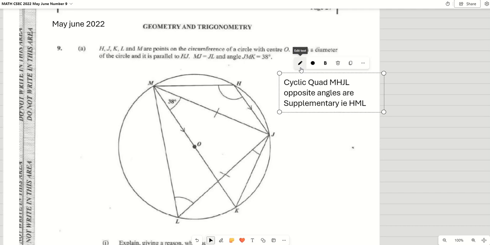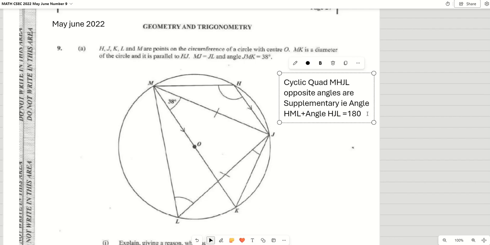So angle HML, that is this angle here, plus angle HJL is equal to 180.